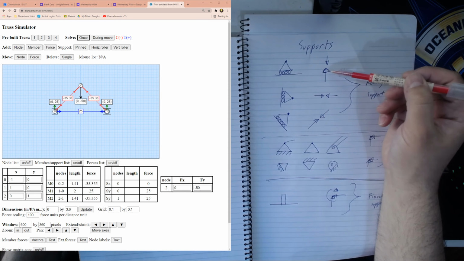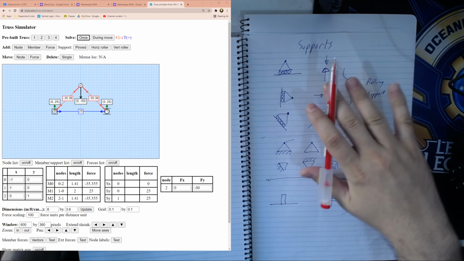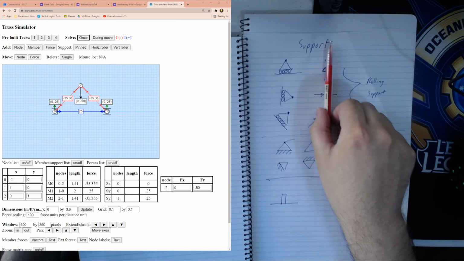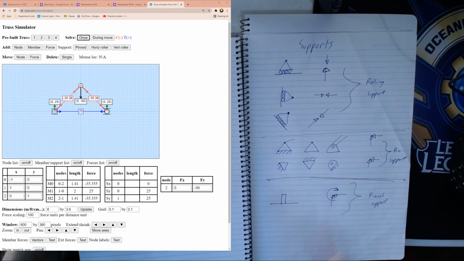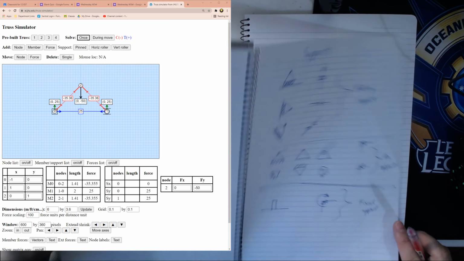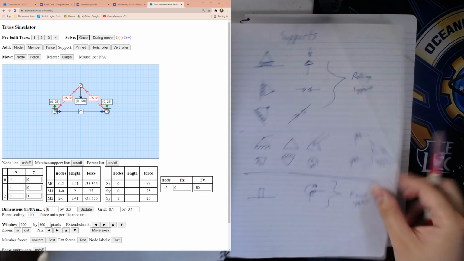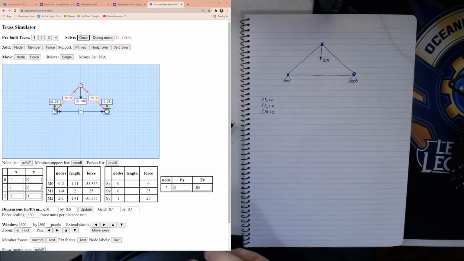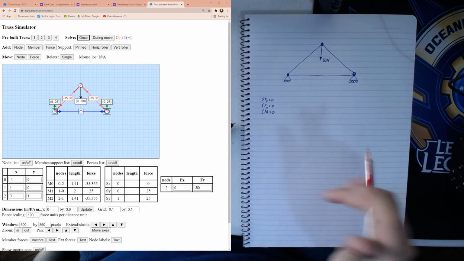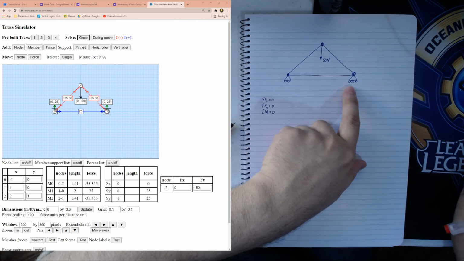We don't know whether it's up or down, but we know that the direction has to be vertical for this top one, and this one's horizontal. A pin can be any direction. But we're going to split it up into vertical and horizontal components, just so it's going to make these equations easier to solve. So let's look at the first one where we have the rolling support over here.